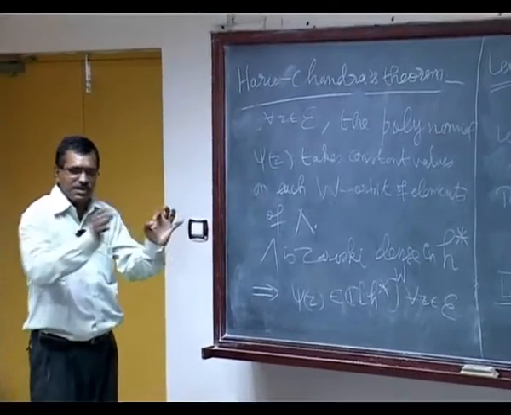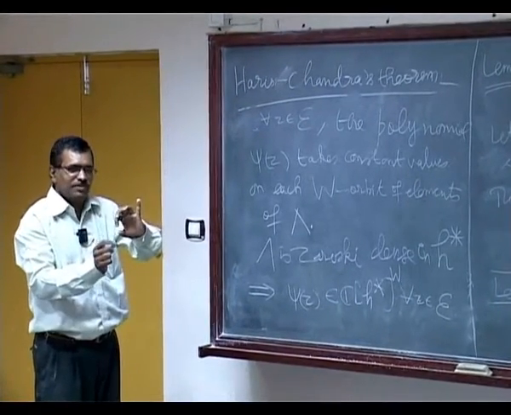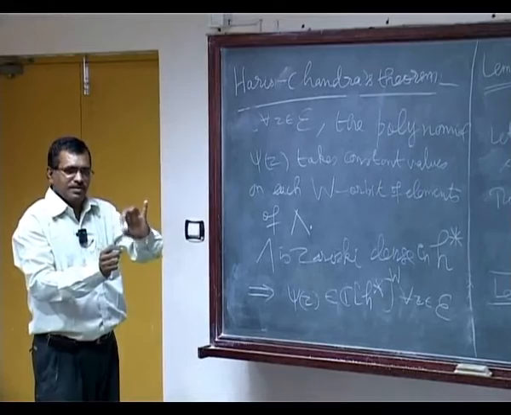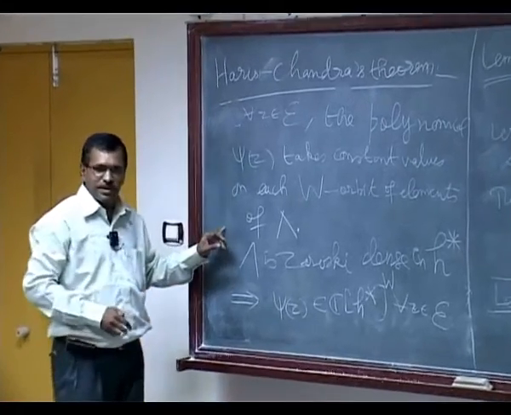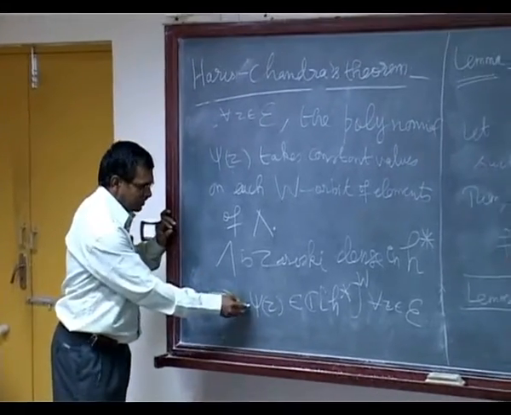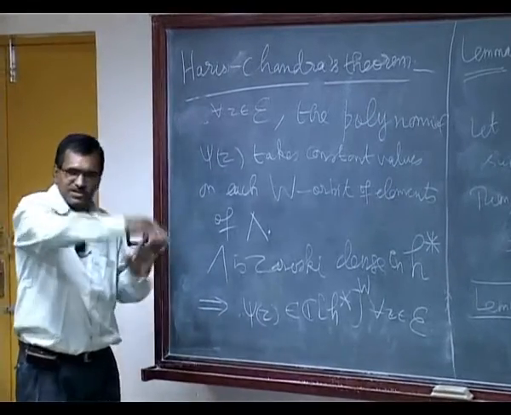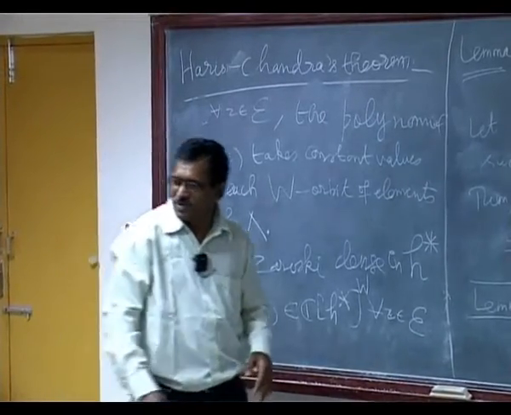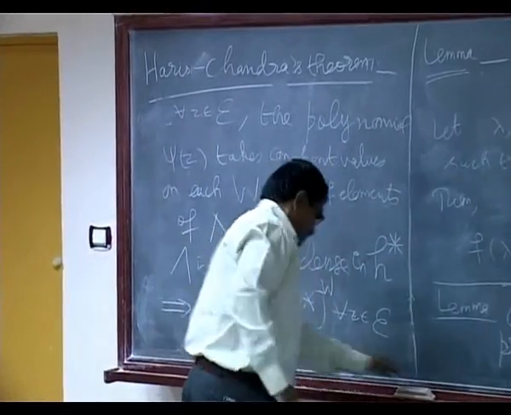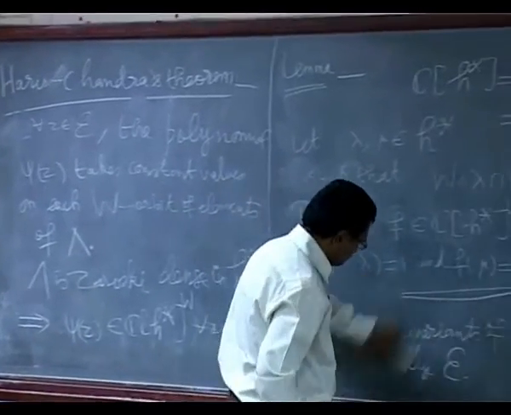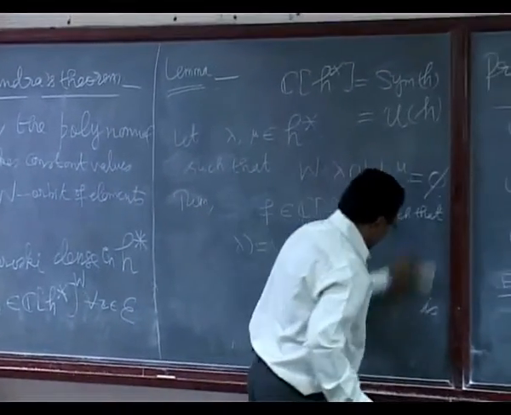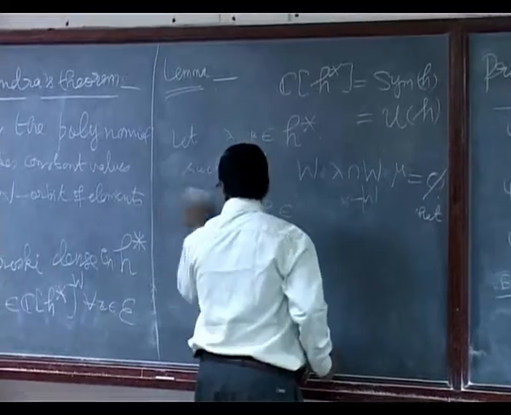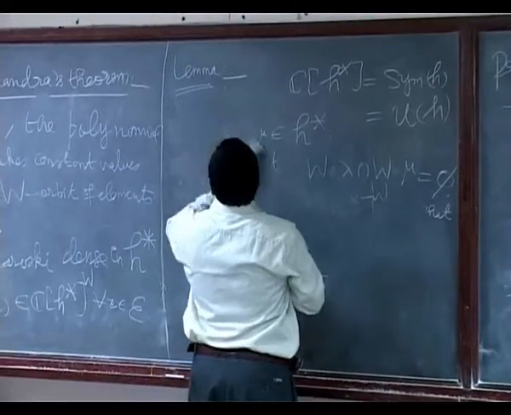So what I do is I take one point and another w times that point. I take f and w f, and the difference will vanish on each of them. And therefore, on the Zariski dense set you can conclude. Anyway, so this is the thing.